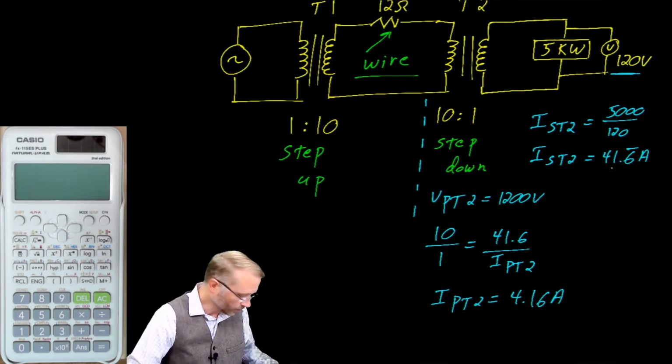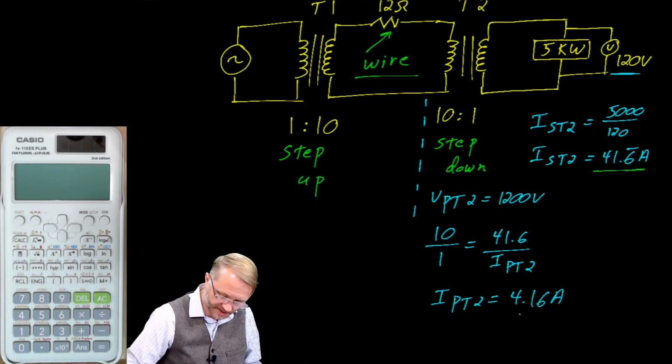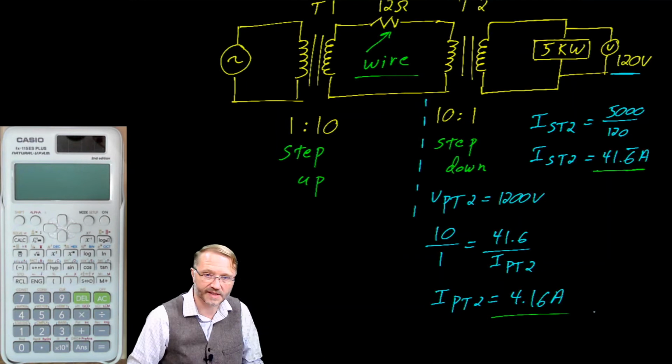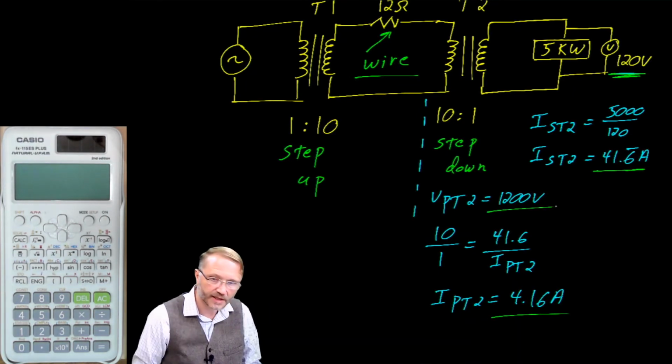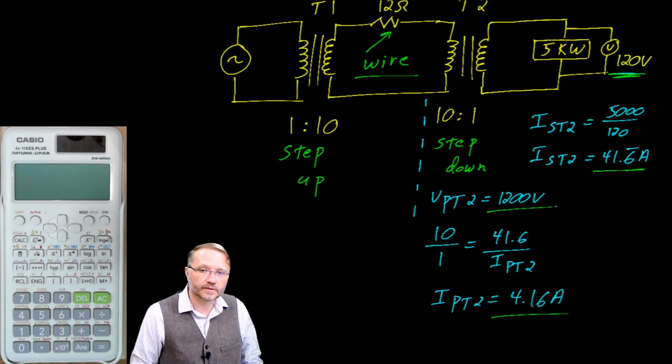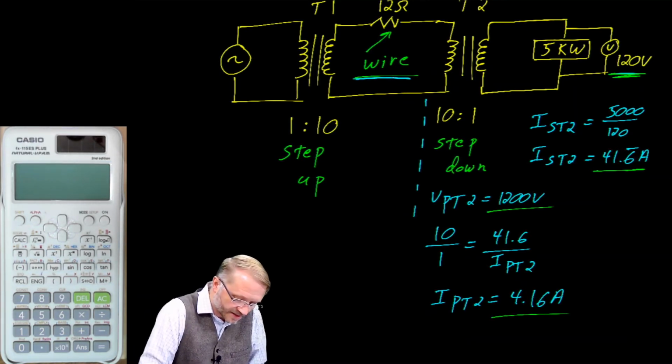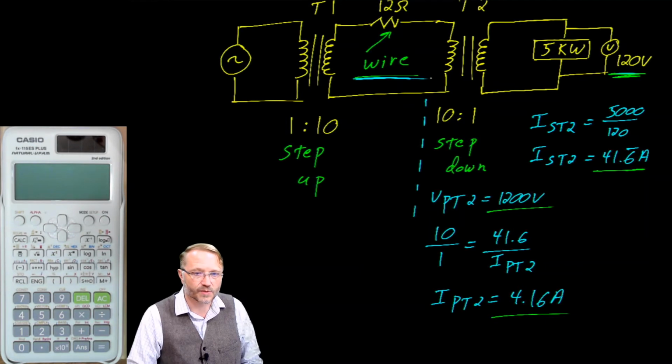So we see that what was 41.6 amps is now 4.16 amps. And what was 120 volts is now 1200 volts. So by stepping the voltage up, we've dropped the current by the same factor, which is a good deal for us because that means there will be less voltage drop across this wire. There'll also be less power lost in that wire.